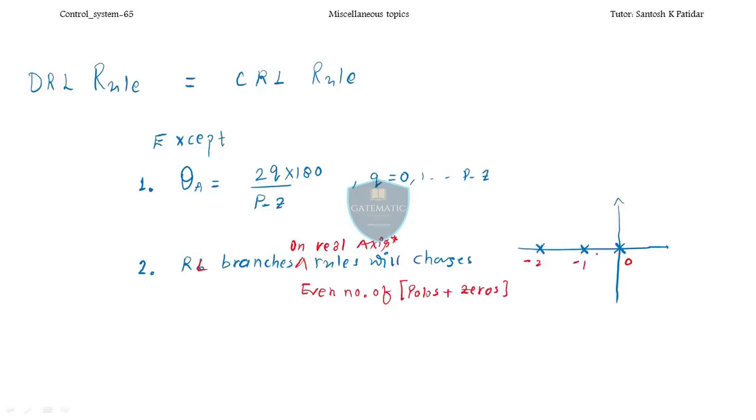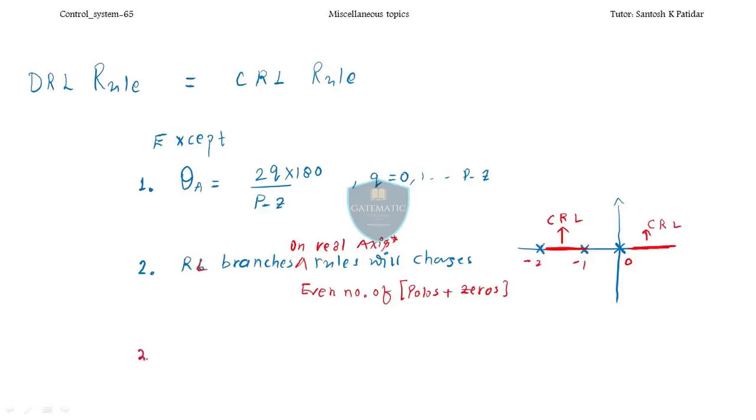So here no CRL branch will be there. Here at this point, yes, definitely this is CRL branch, but this is not. So at this point also, here we are getting 0 only, so this one will be also the CRL branch. So this is just opposite to the direct root locus. I hope you are getting me.